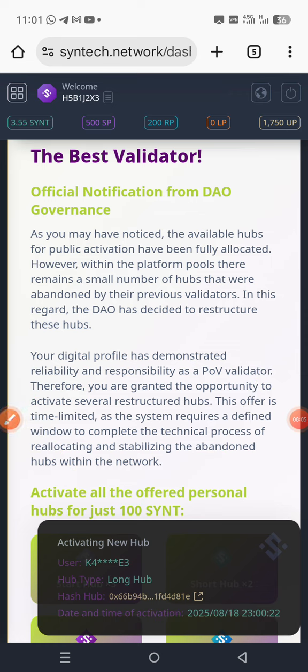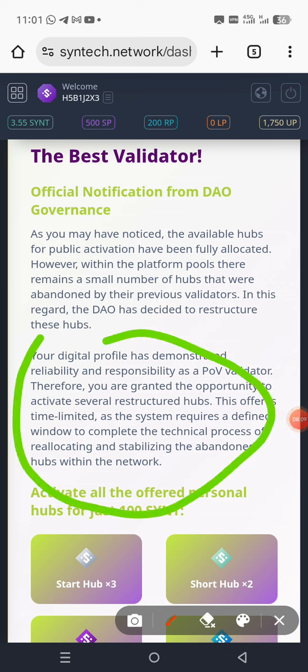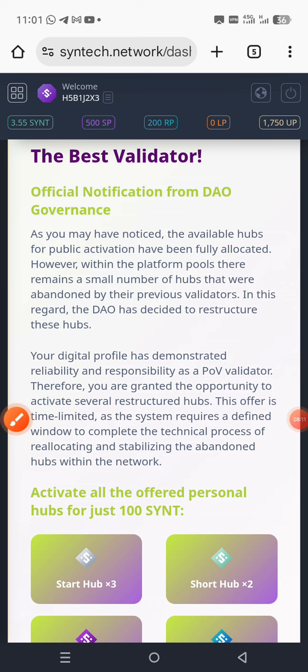If you read what they are saying here, they say your digital profile has demonstrated reliability and responsibility as a POV validator. Therefore, you are granted the opportunity to activate several restructured hubs.